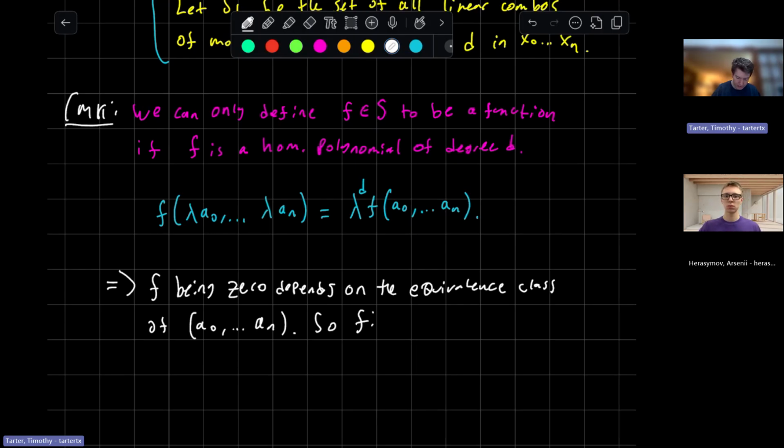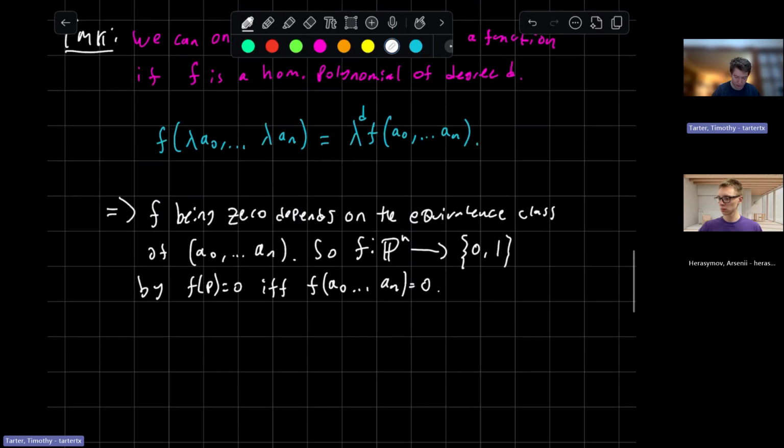So f gives us a function from P^n to the set {0, 1} by f(p) equals 0 if and only if f(a_0, ..., a_n) is equal to 0, and f(p) equals 1 if and only if f(a_0, ..., a_n) is not 0.